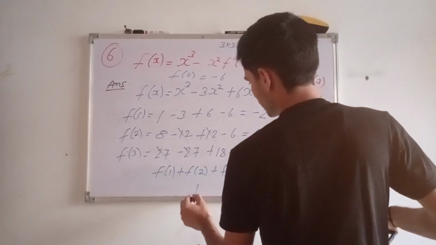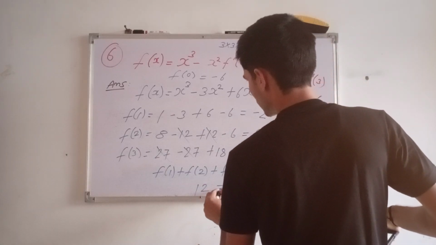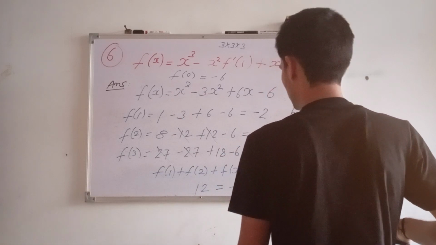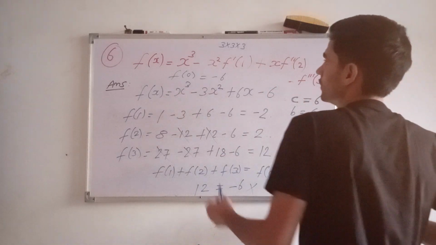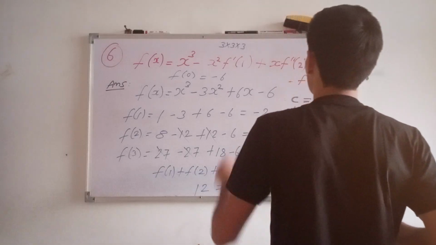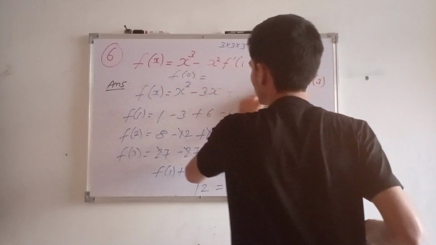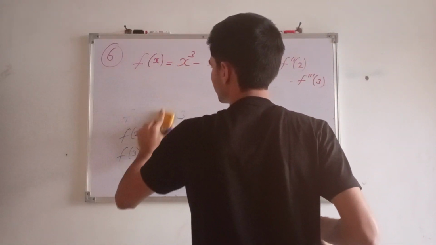It will be left with 12 is equal to f0. f0 is minus 6. This is not correct. So the third option is the correct answer here. We will see the next question.